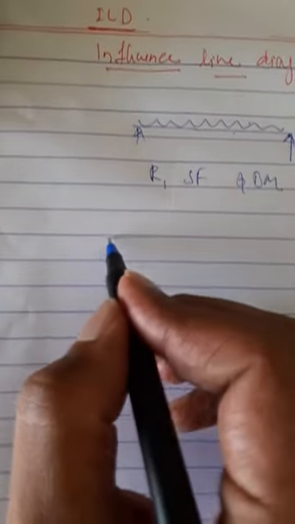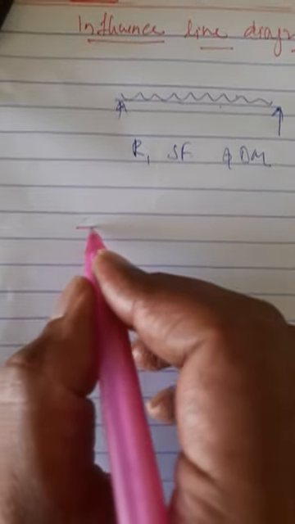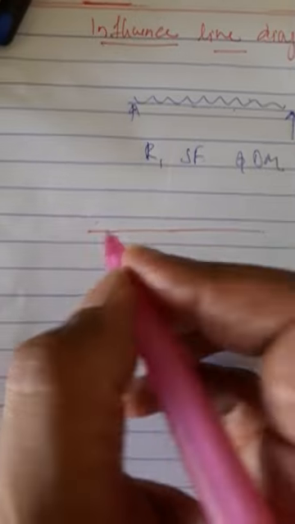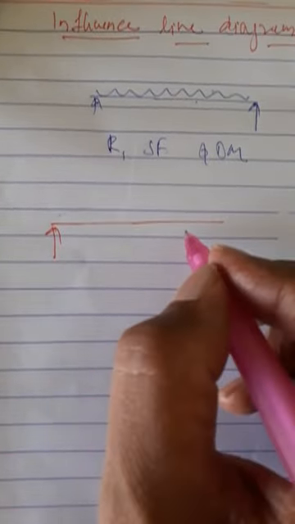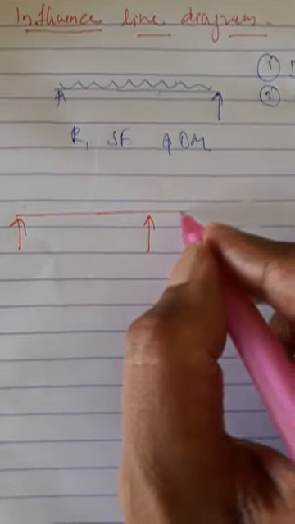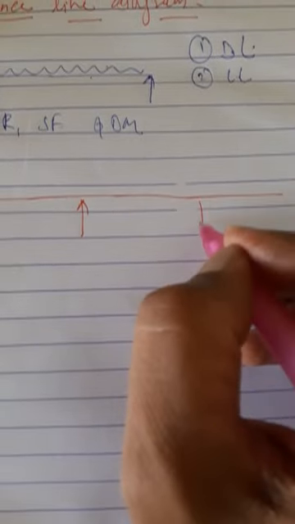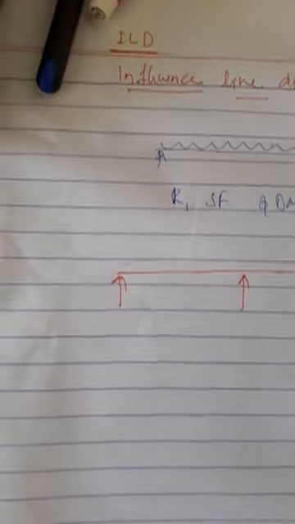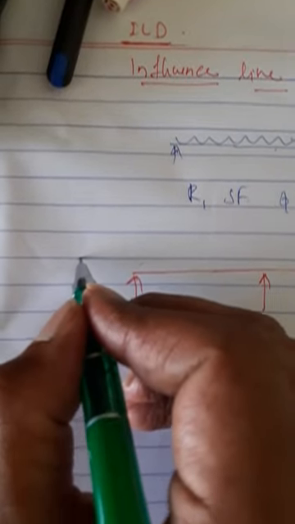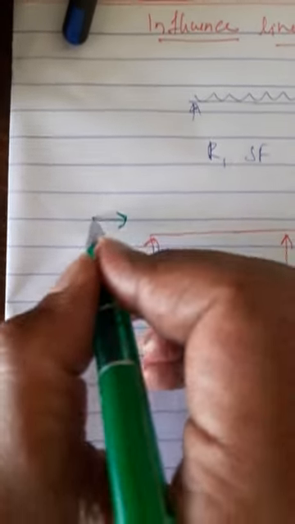But if you look at some of the structures, say let us consider a bridge. Say I am having a bridge like this. There is one support here, second support here, third, fourth, like this. And let us assume that a vehicle tries to cross the bridge in this direction.